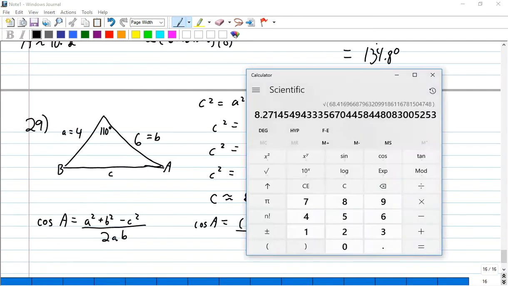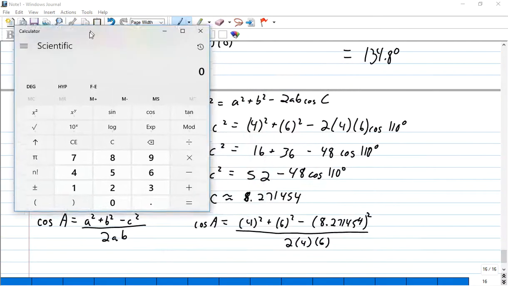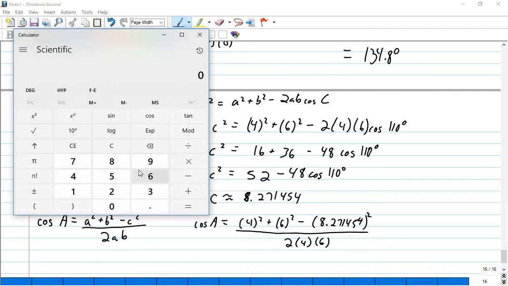I'm going to do all this in the calculator, and then I'm going to have to use the inverse cosine function to find the answer. So that is 4 squared is 16 plus 6 squared is 36.